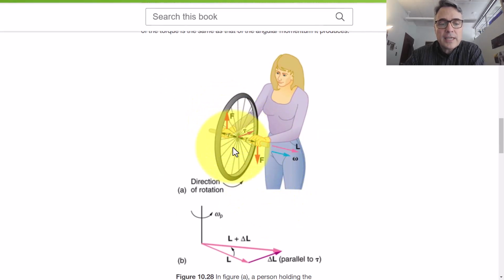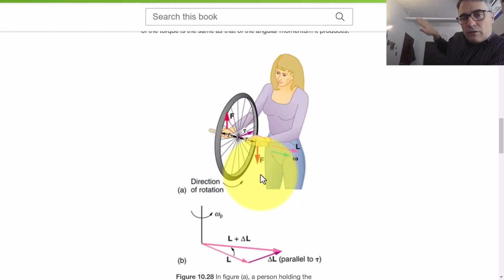So what's interesting is that if you have a wheel that's spinning in a vertical plane here, see, if it's rotating here counterclockwise, that would mean that its L vector is off to the right here, this big L vector. If then there's a torque, you try to twist it, like by pushing a force down and a force up, what that will do is create a torque R cross F, and so it's into the page there, so it'll rotate this L vector into the page, which is not what you would expect.